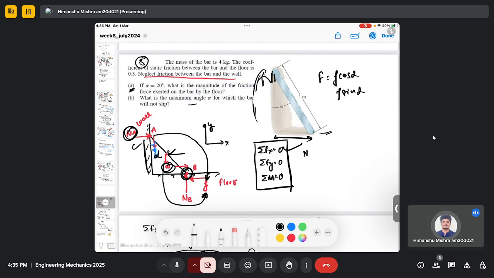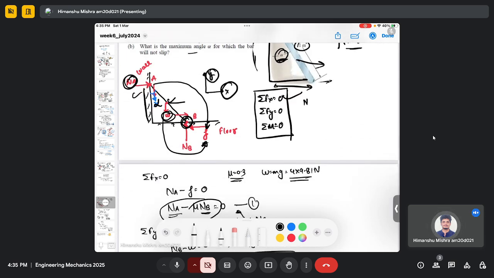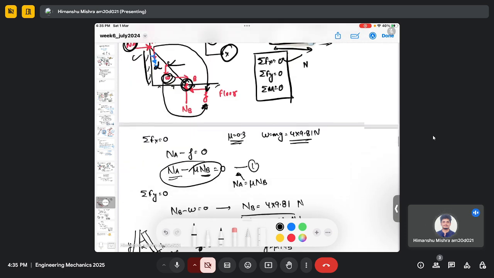But when you use the moment equation, you can see that this perpendicular distance now can be written in terms of alpha, because you have given 1 meter distance. So from the moment equation you can actually find alpha. If you have a force with some component of alpha, it depends on the problem, but you may be able to find alpha by the force balance equation itself.